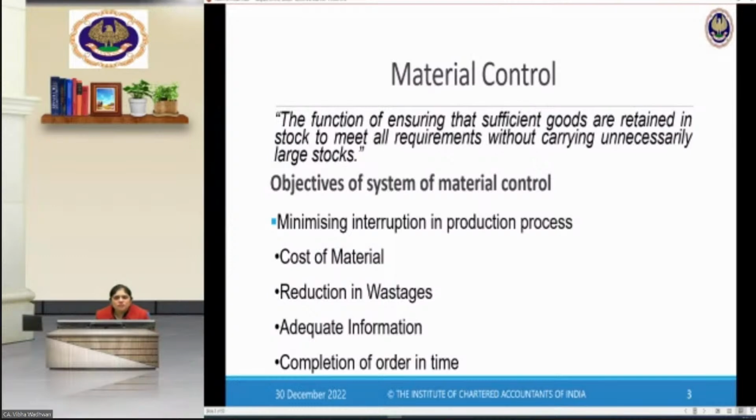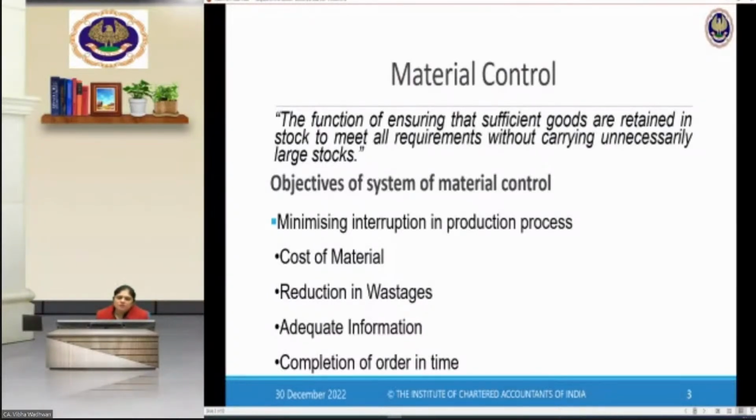Sufficient means there should be no shortage, and also no overstocking, because overstocking involves huge capital when you purchase the material. Goods in stores can get damaged, become obsolete, and deteriorate with time. But there should also not be insufficient material in stock, so that production is hampered. That's why material control has its own role to play in material costing.